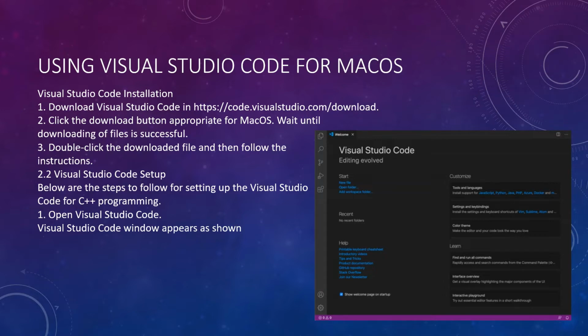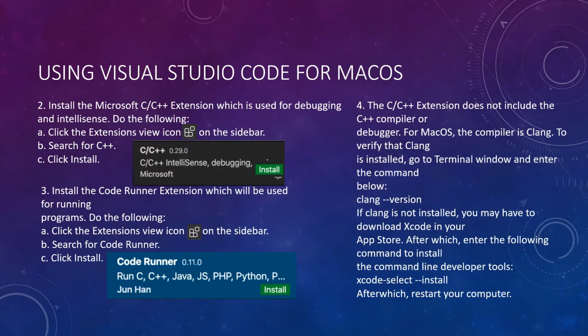For setting up Visual Studio Code, open the Visual Studio Code and it must show like this in your Mac OS. Install the Microsoft C/C++ extension which is used for debugging and IntelliSense. Do the following.